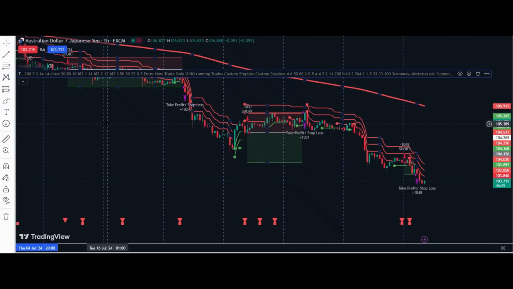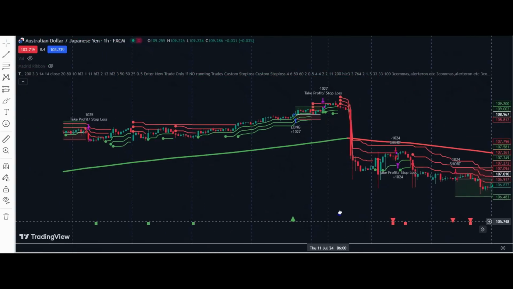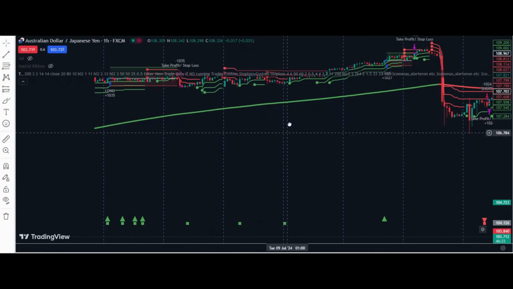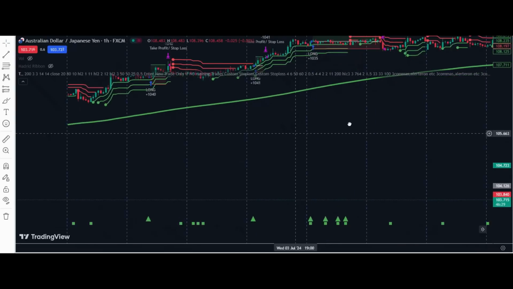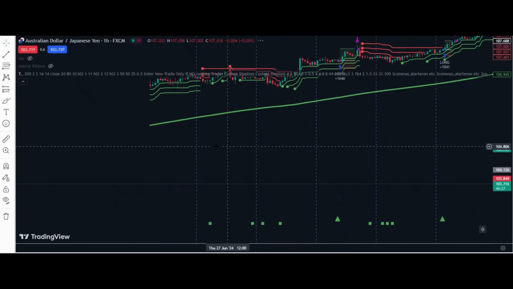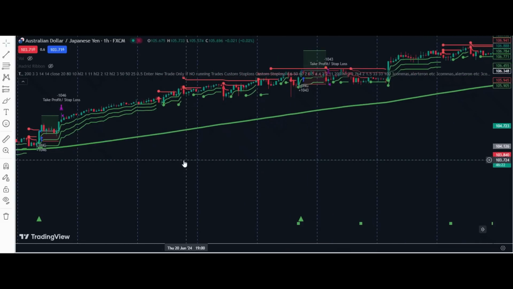I hope you are doing great in the market and you are catching some good pips with the current market trend. Today I have another exciting strategy which I'm going to be sharing with you in a short while, and this strategy is something that will make your life easier.